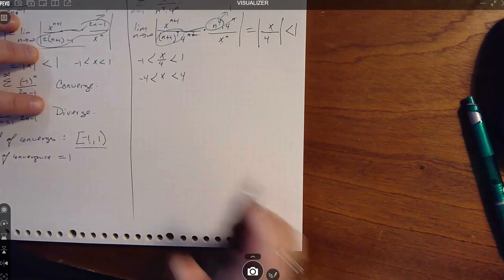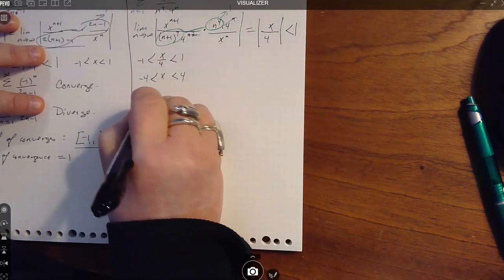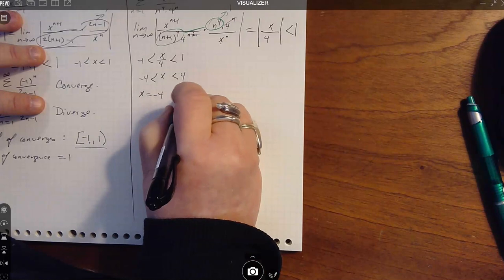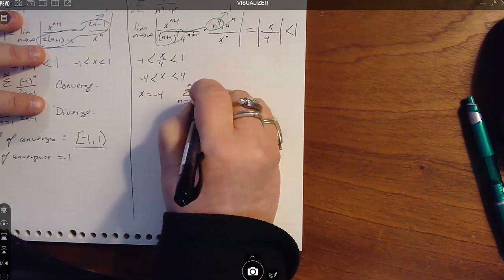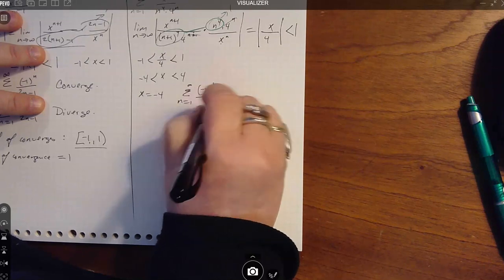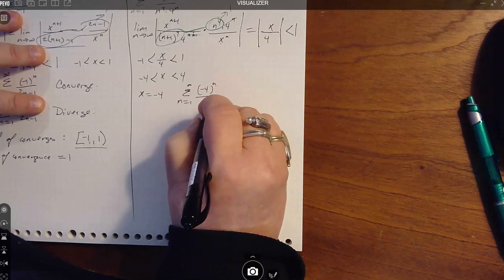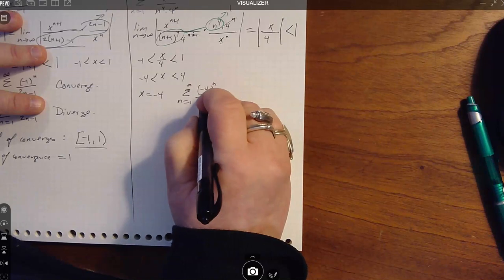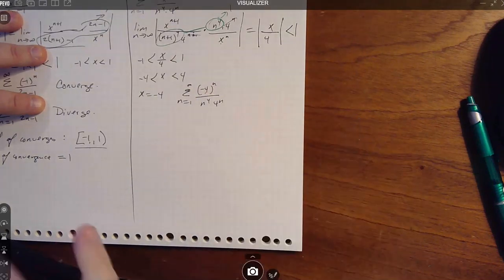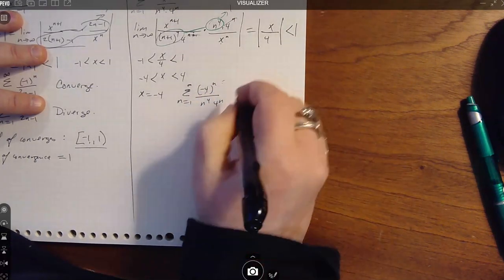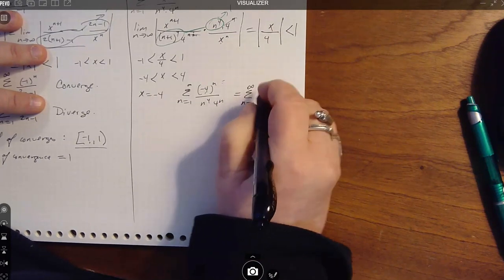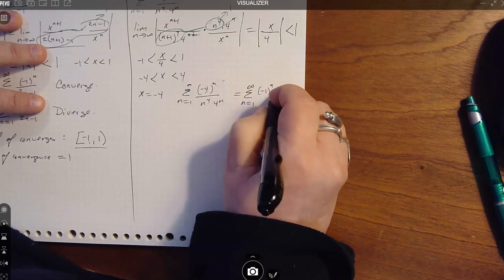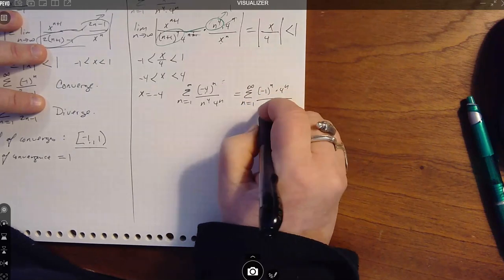Checking my endpoints, if x is equal to -4, I get the summation as n goes from 1 to infinity of -4 to the n over n to the 4th times 4 to the n. Now -4 to the n can be rewritten as -1 to the n times 4 to the n.